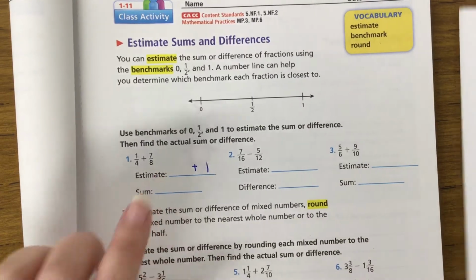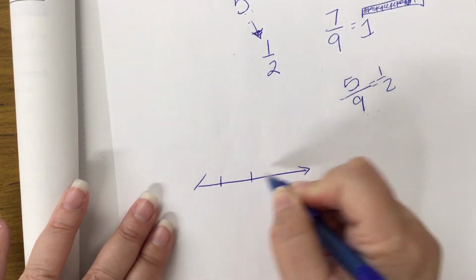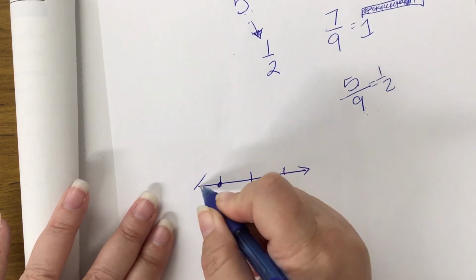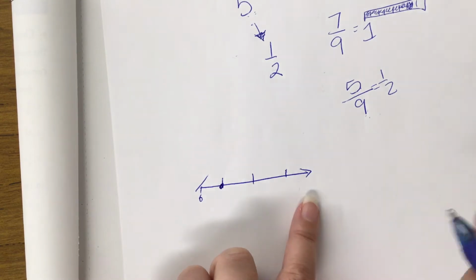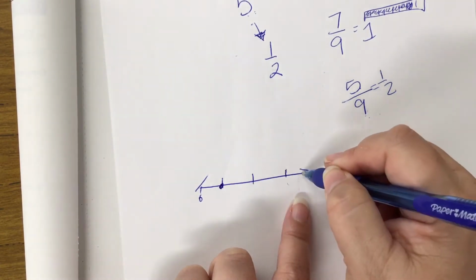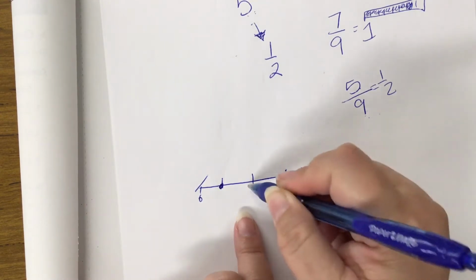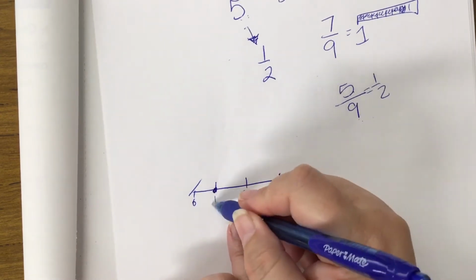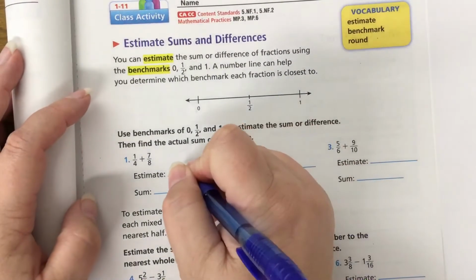If I look at it on a number line, 1/4 is actually closer to 0 than it would be to 1/2 or 1. Okay, so this is 3/4, 2/4, 1/4. So I'm going to actually say that this is closer to 0. And it's okay that it's closer to 0, so I'm going to put that as 0.